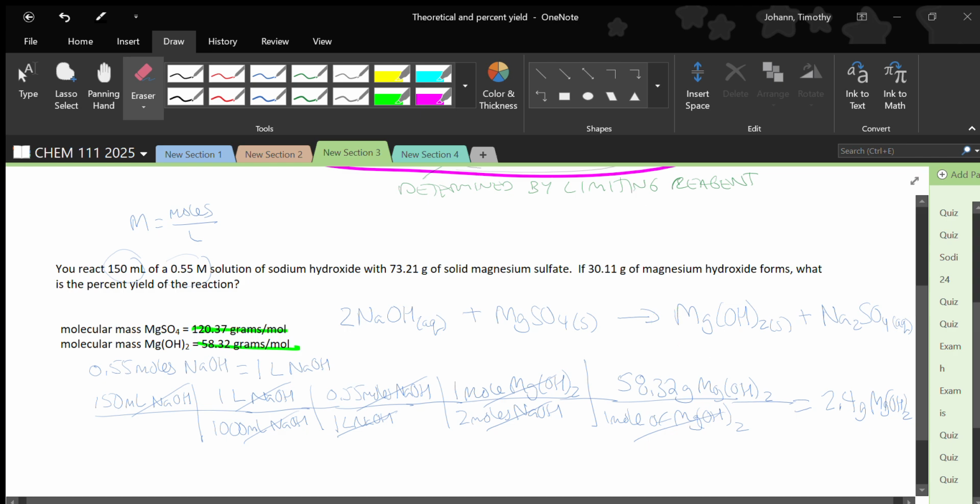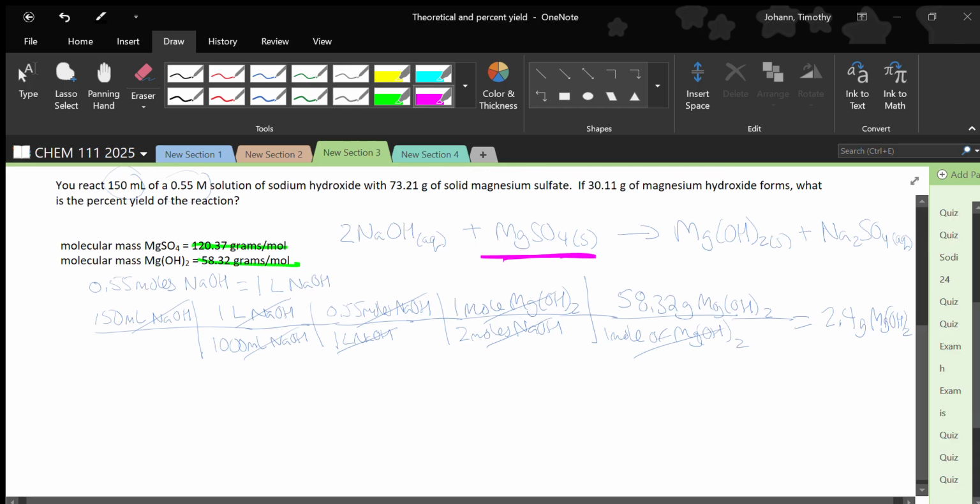Okay, so now we need to figure out if all of my magnesium sulfate reacts, so it's with excess sodium hydroxide, how much would I get? Let's go ahead and figure that out.